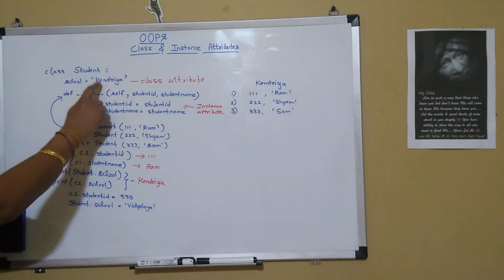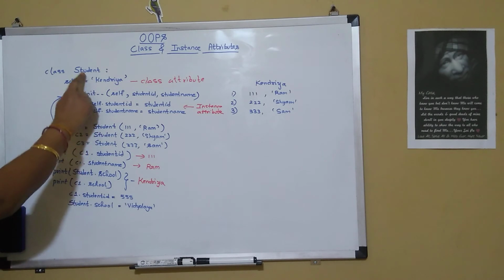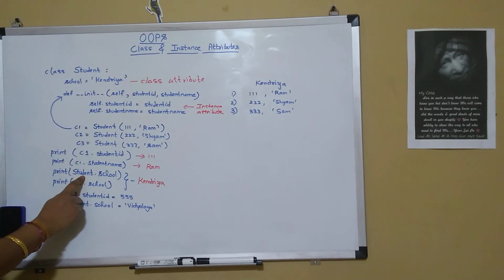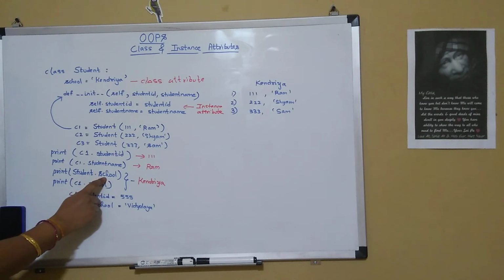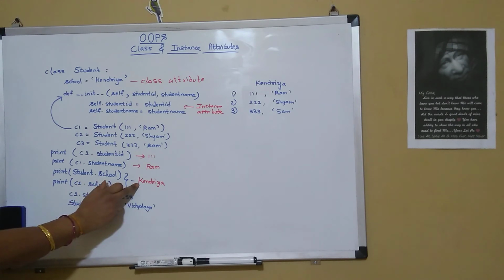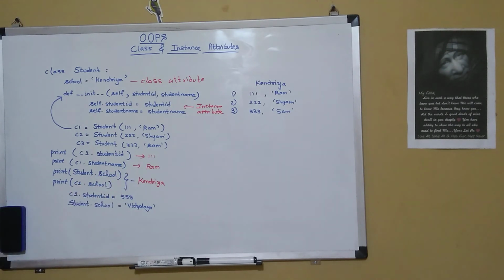And if we want to get the class attributes, we have to specify class name.class attribute. So Student.school will give Kendriya, and class attributes can also be accessed with the object name. So C1.school will get Kendriya in both these scenarios.